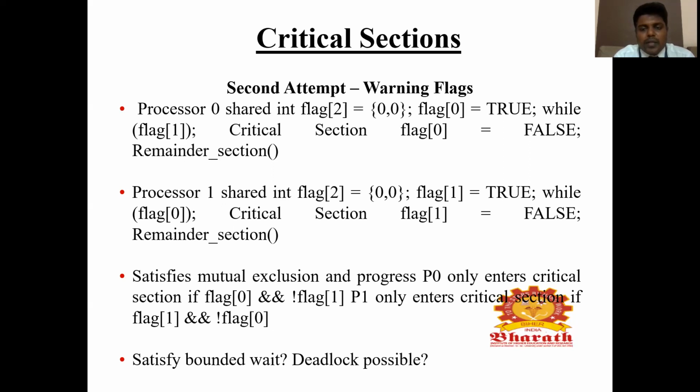P0 only enters the critical section if flag of 0 and not flag of 1. And processor 1 only enters into the critical section if flag of 1 and not flag of 0. This satisfies bounded wait, but it may lead to deadlock possibly.